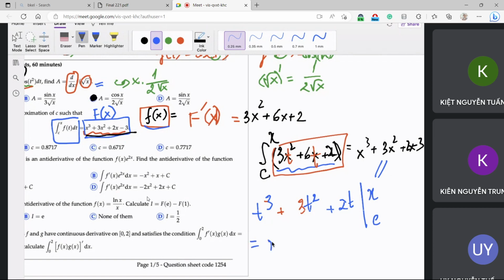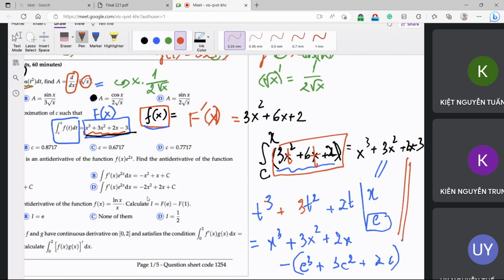It means, what it means? It means that x cubed plus 3x squared plus 2x minus what? You substitute c. So what do you have? C cubed plus 3c squared plus 2c here equals to my function f, right? So the free coefficient is negative 3 here, right?